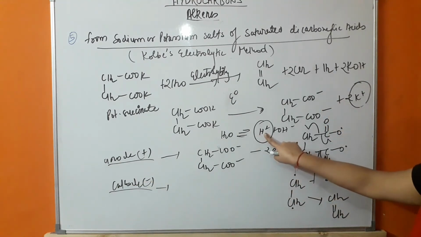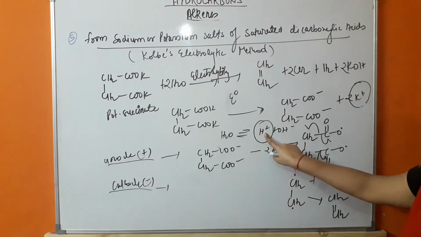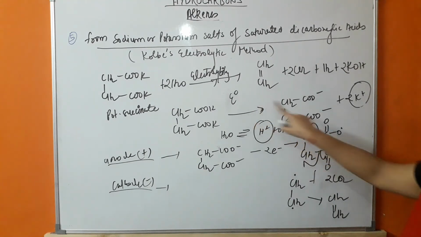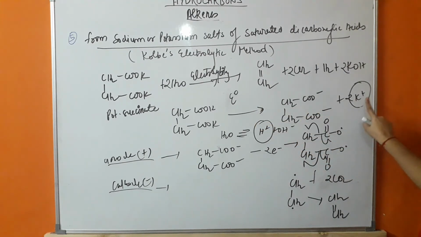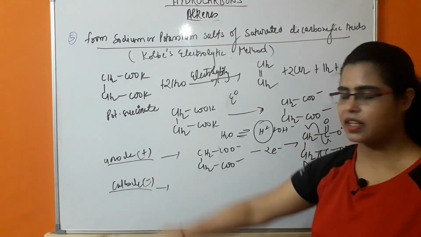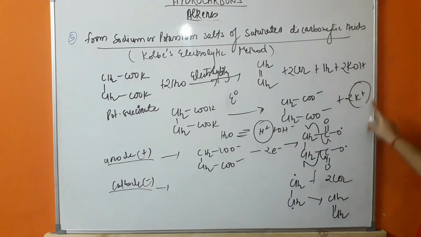H plus has a greater reduction potential in comparison to K plus. So the H plus ion will be attracted towards the cathode, whereas K plus has less reduction potential because it is a very electropositive metal. So it will remain in the solution in the form of KOH.